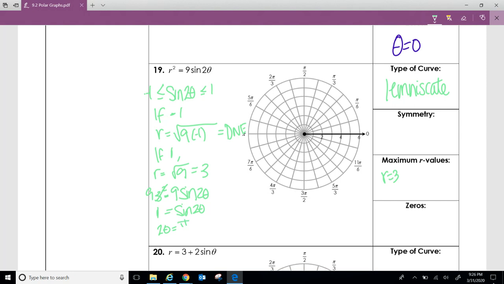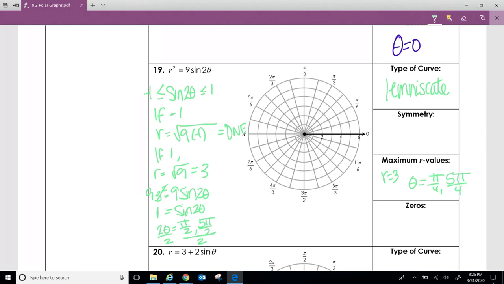That would be at pi over 2. But because it's 2 theta, we have to add 2 pi to it, go all the way around the circle one more time. Adding 2 pi to it, we get 5 pi over 2. And then when we divide by 2 to find our thetas, this occurs at theta is equal to pi over 4 and 5 pi over 4.